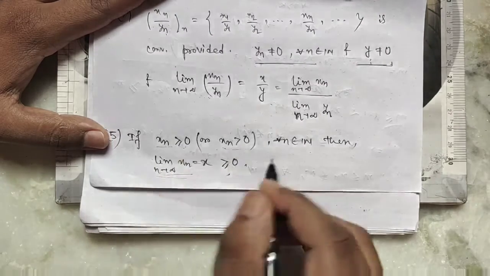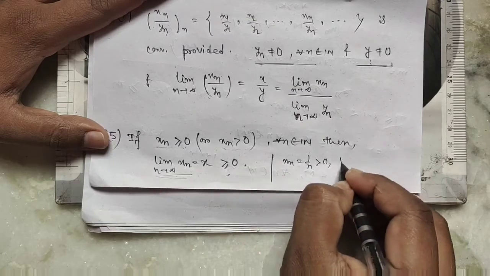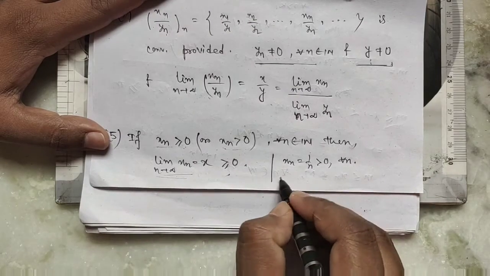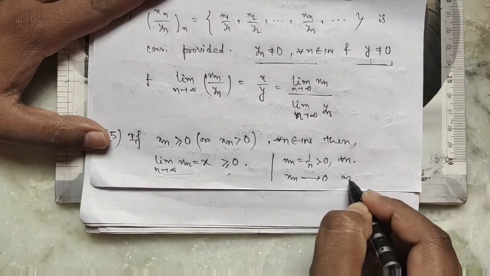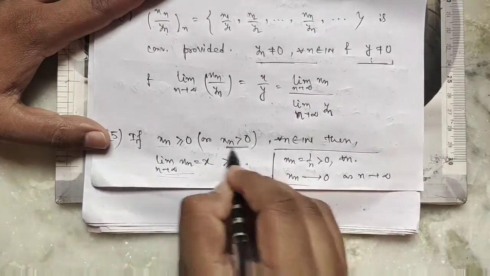For positive terms it need not stay positive, because if xn equals 1 by n, this is greater than 0 for all n, but xn tends to 0 as n tends to infinity. This is our example for this case.